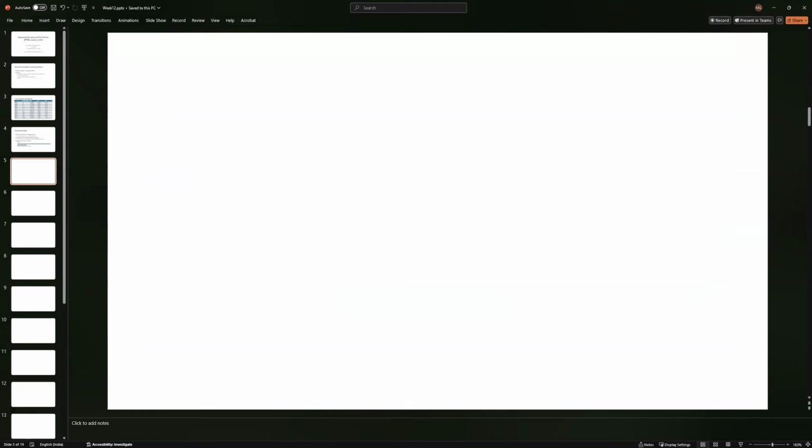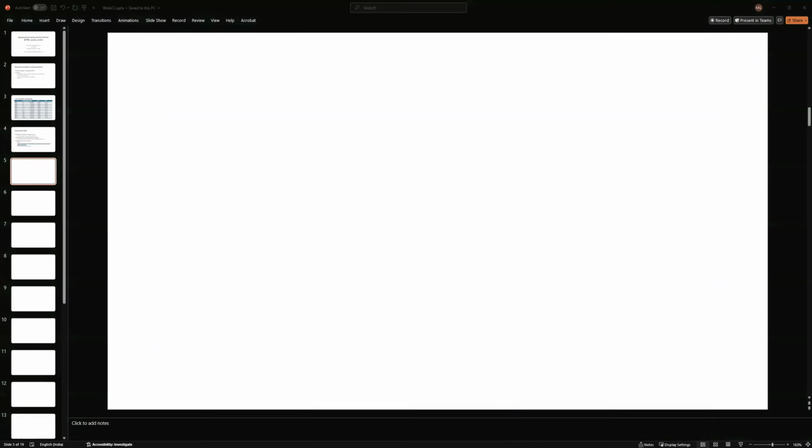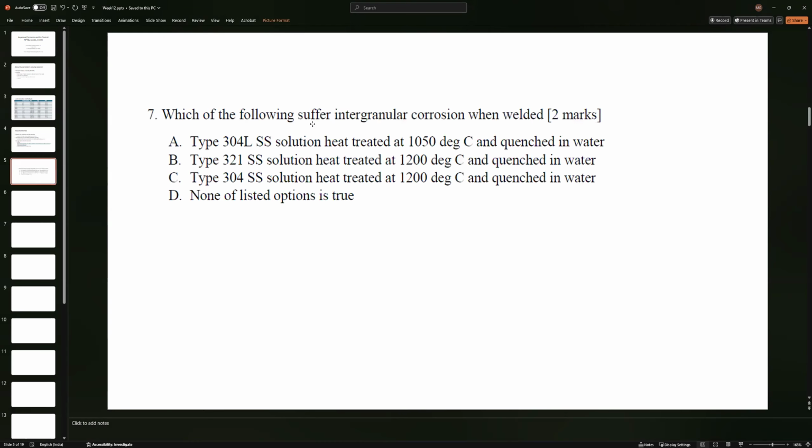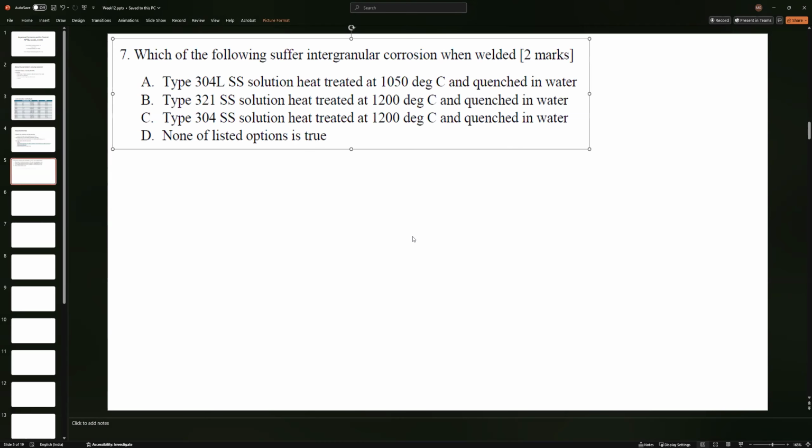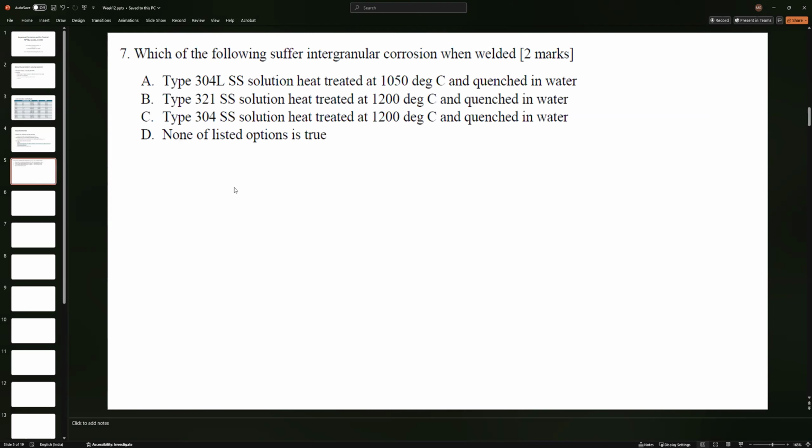Okay, so let's start with the doubt you had last class. In this question, I interpreted it the wrong way. You have these steels, and now you have to see which one will suffer intergranular corrosion when it's welded.